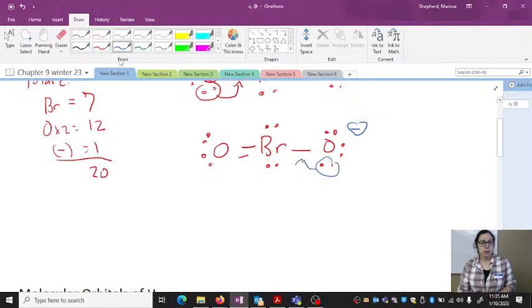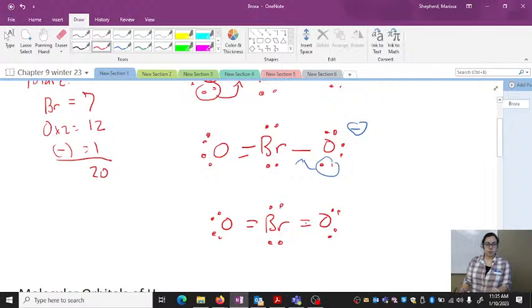Let's just compare the structures. So what happens if we do this? And so now where's my negative charge? It has a -1 formal charge.